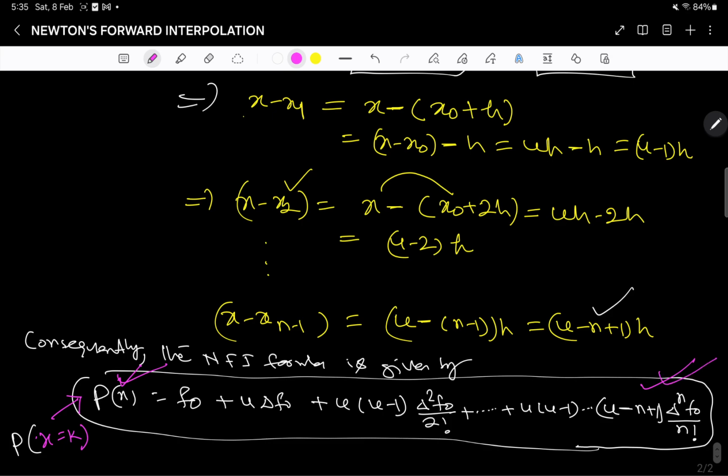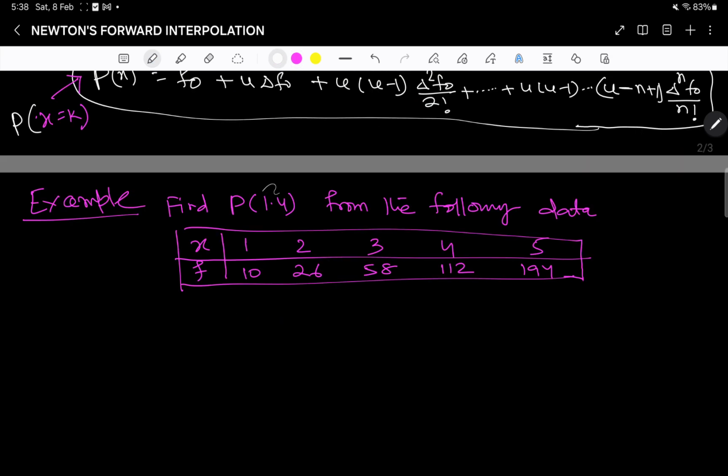Now let us solve some problems. You are asked to find an interpolating polynomial p of 1.4. Here x0 is 1, and first you see what the gap is.